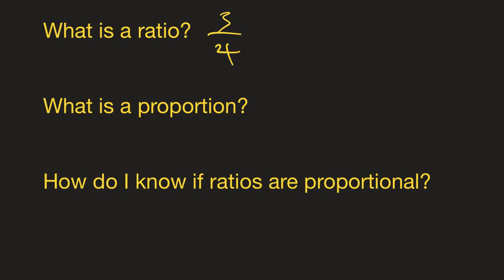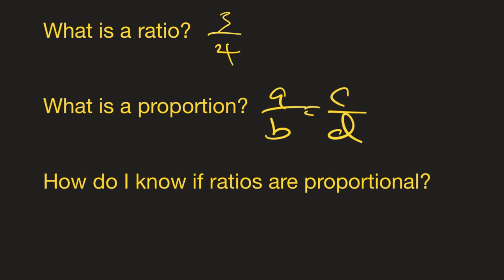Now, why is that important? Because of the next question. What is a proportion? A proportion is going to be where we take two ratios, two fractions, if you will, and we set them equal to each other.